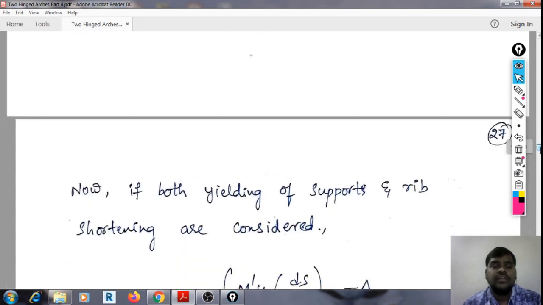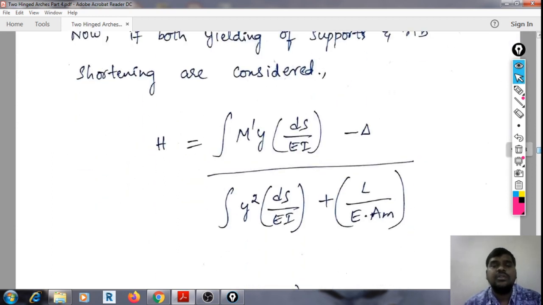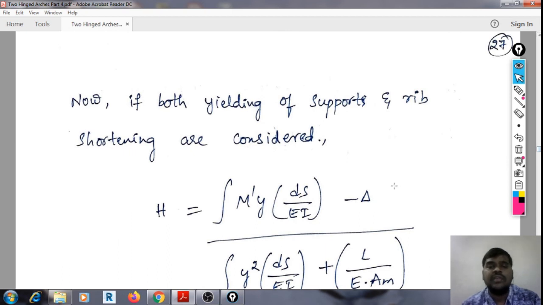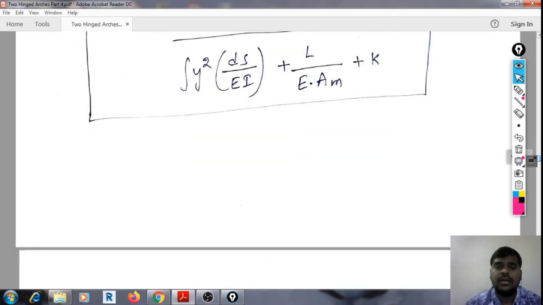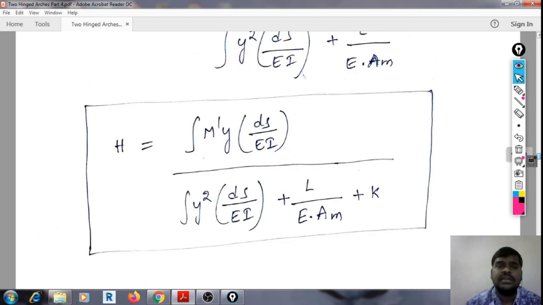And next, if both yielding of supports and rib shortening are considered, minus delta will be the extra term in the numerator. So here, please see the circle, minus delta will be the extra term in the numerator. So the final horizontal thrust can be written as integral of M dash y ds by EI, divided by integral of y square ds by EI plus L by E Am plus k.